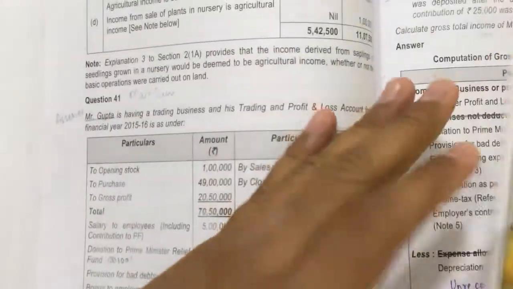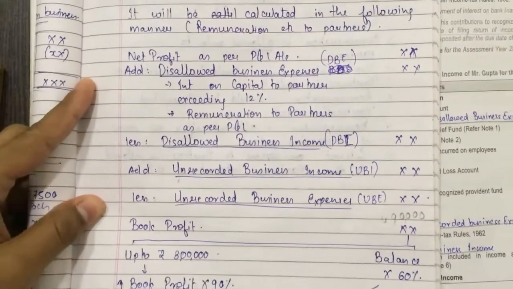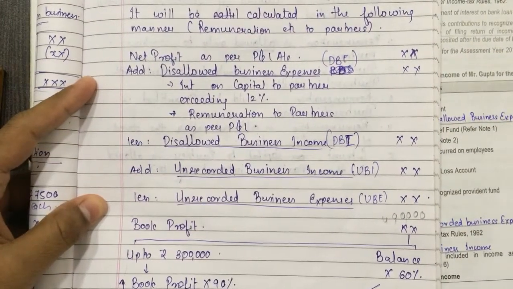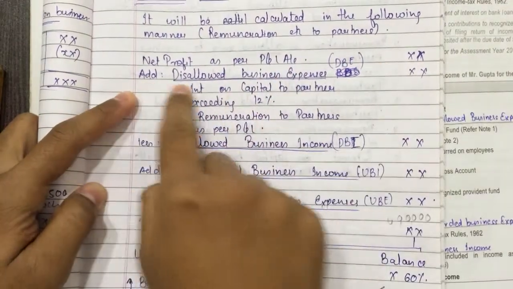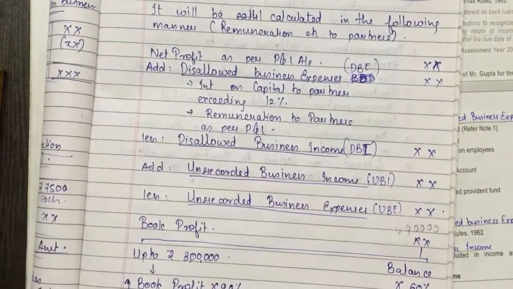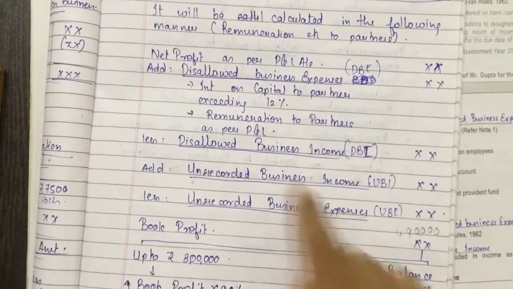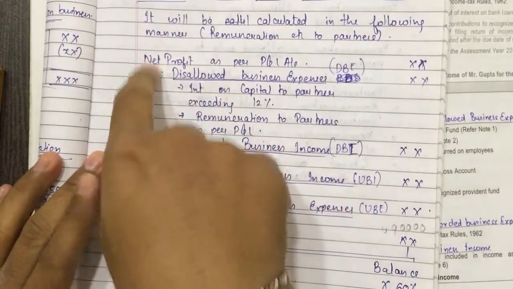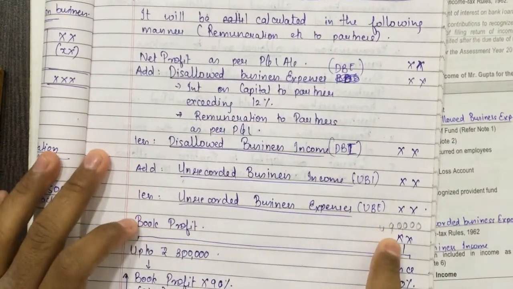and if any income is disallowed as income, we have to subtract it. So if you remember the chart I have taught you, let me zoom out a little bit. Net profit as per P&L account, add disallowed business expenses. Don't write this now. Take a fair page and write all this up to book profit.